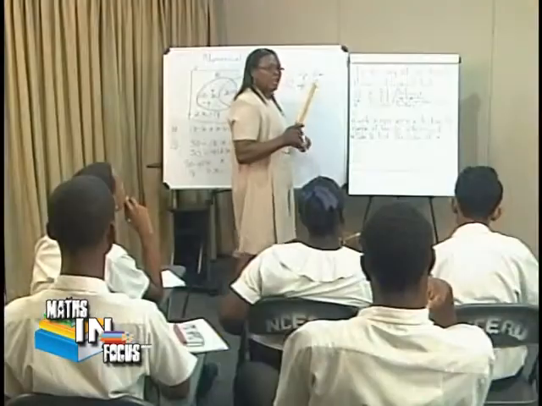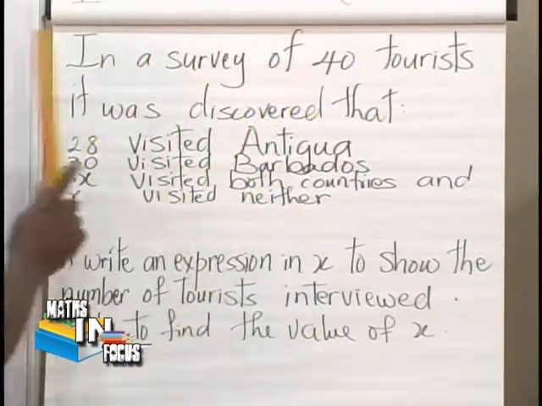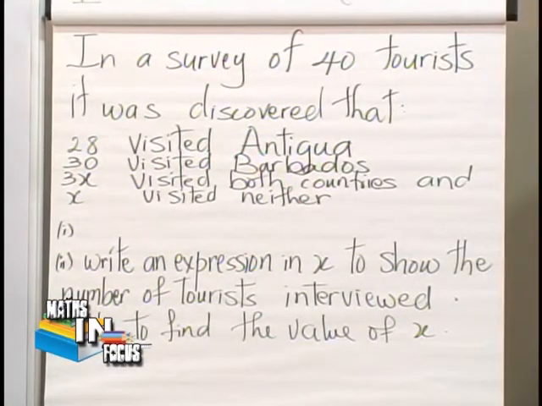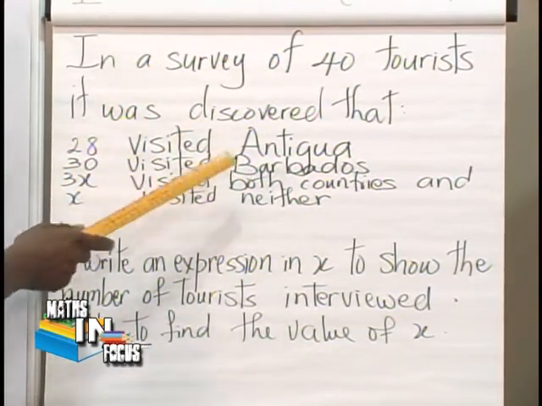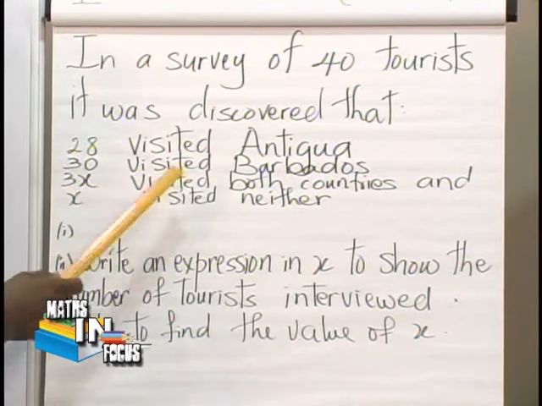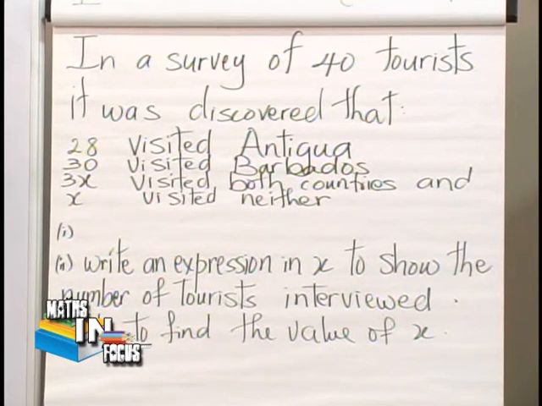Again, another survey was conducted, but this one was conducted with tourists. They took a sample of 40 tourists in this survey, and it was discovered that 28 visited Antigua, 30 visited Barbados, 3x visited both countries, and x visited neither. And these questions are all past CSEC questions. Good.